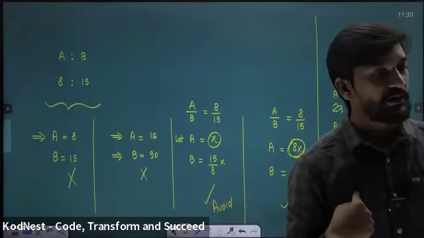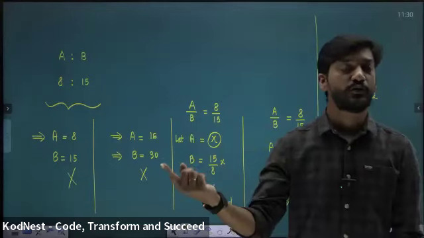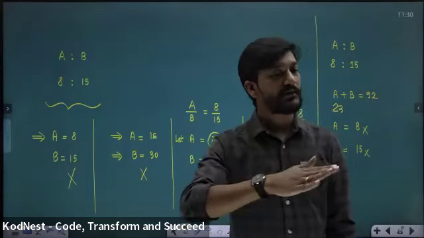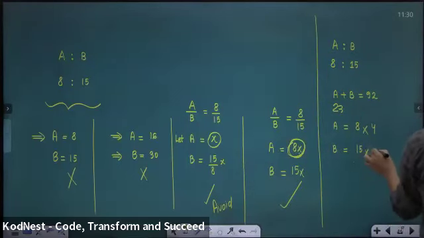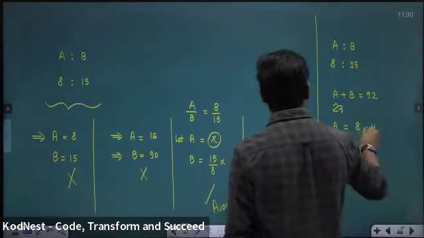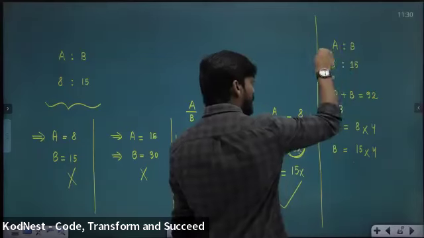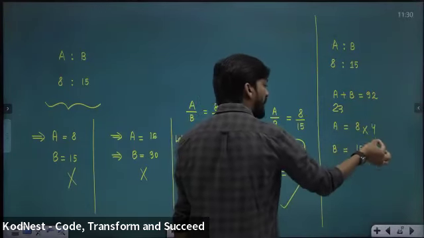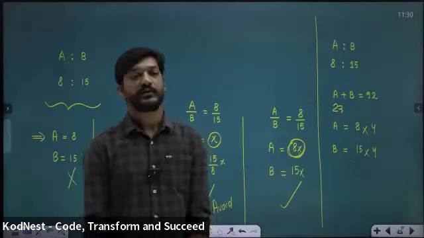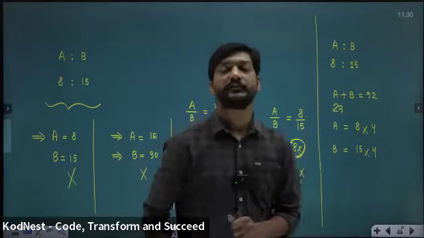I am getting 23. I should get 92. 4 times. Just one multiplication will give you the right values. That one multiplication is 4. So you have got your values.